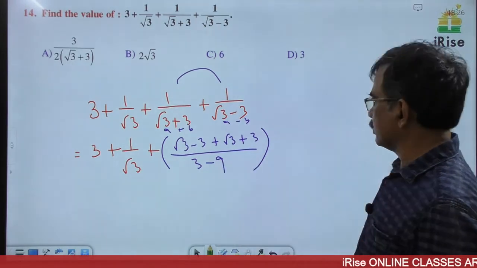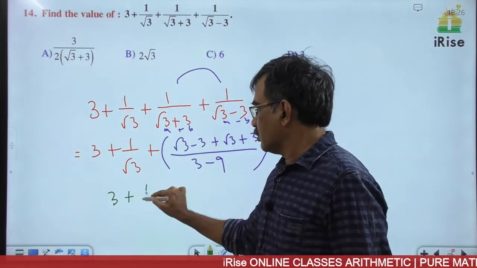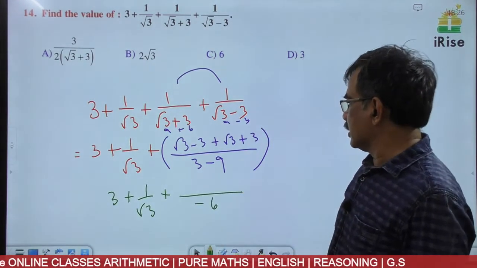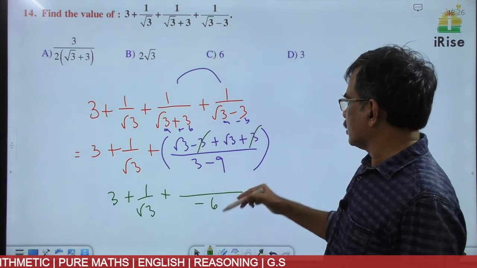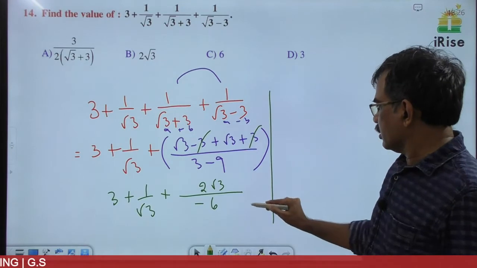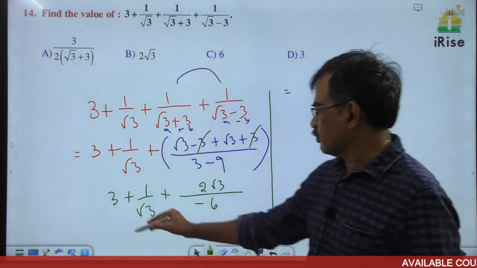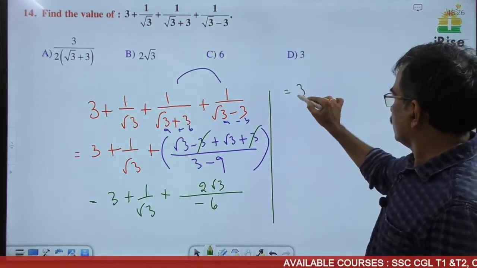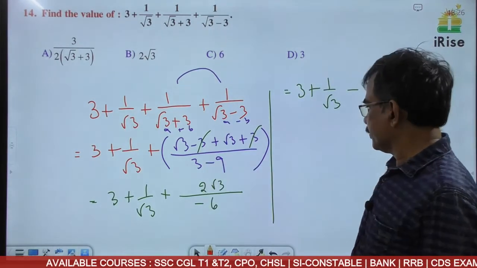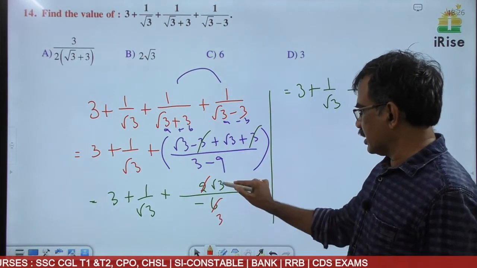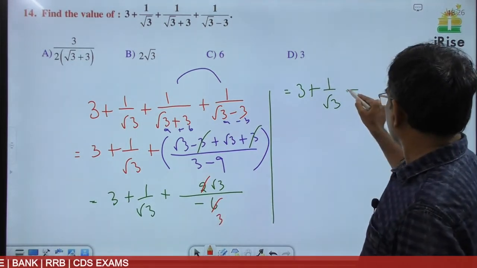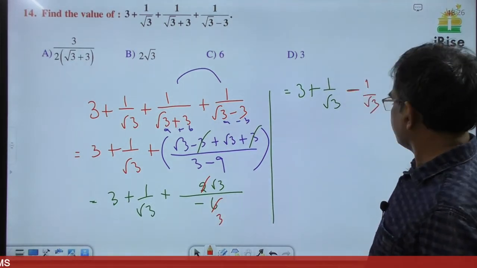Then what we get here? This is 3 plus 1 by root 3 plus, the denominator is minus 6, and the plus 3 minus 3 cancel, we get 2 root 3. Then this value is equal to 3 plus 1 by root 3 minus, 2 1s are 2, 3s cancel, root 3 cancels, and already minus is there, so minus 1 by root 3.